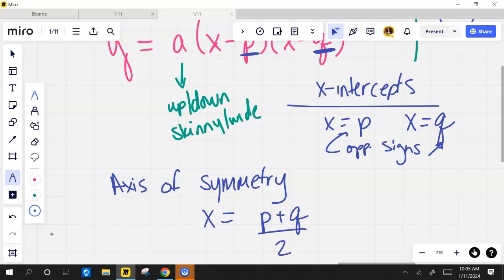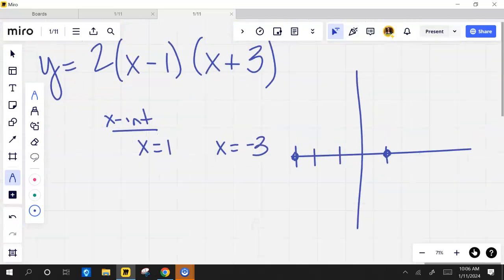That will give me the middle. Does that make sense? Opposite signs, though, because I graphed them with opposite signs, so I need to add them with opposite signs. So let's go back to this one and see if that works.